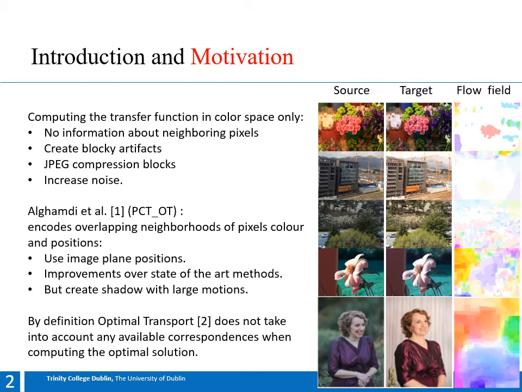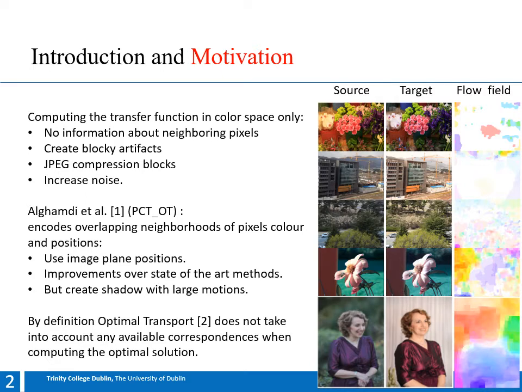When computing the transfer function considering color information only, that doesn't take into account the fact that coherent color should be transferred to neighboring pixels, which can create results with blocky artifacts, emphasizing JPEG compression blocks or increased noise.